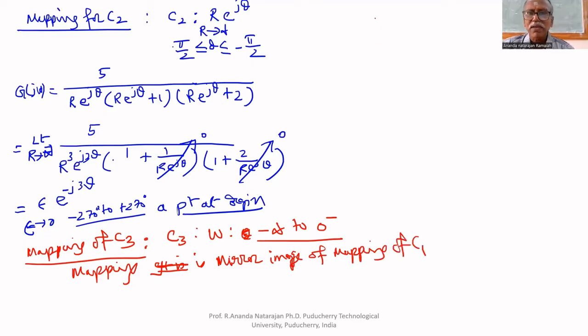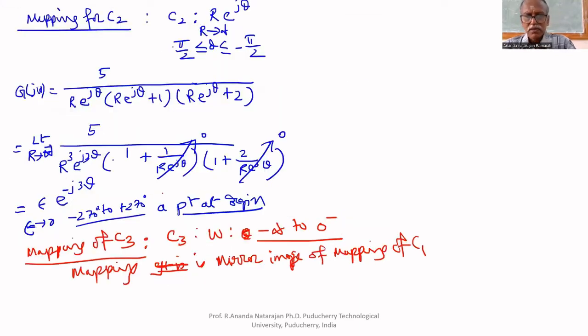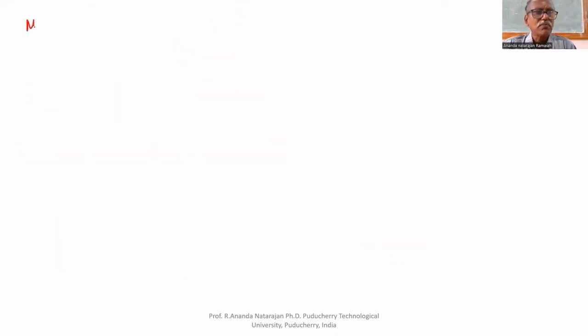What is the mapping of C1? Mapping of C1 is this. It will be a mirror image, means it will be like this. This goes to j infinity. Now we have to do the mapping for C4.